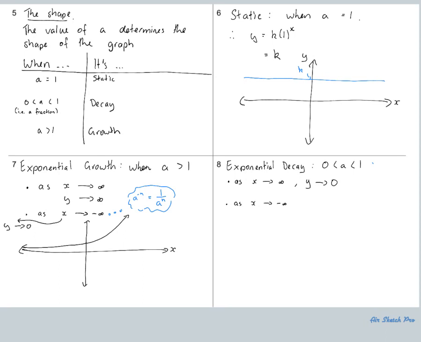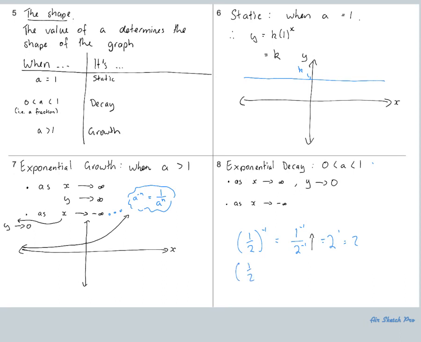So let's again just do it by example so you can see what I mean. If I had a half to the power of -1, then that would be 1 to the power of -1 over 2 to the power of -1, just distributing that -1 there. And 2 to the power of -1, I'm hoping your index skills are coming back to you, means that 2 to the power of -1 floats up here. And so the net result is 2 to the power of 1, which is 2.